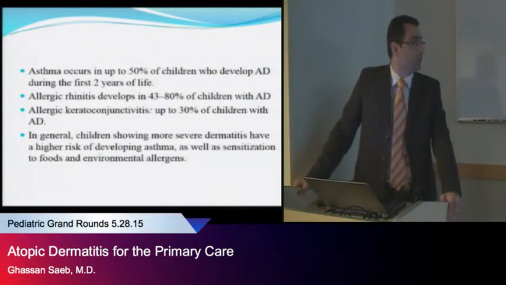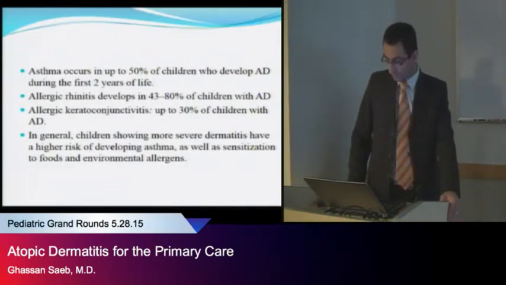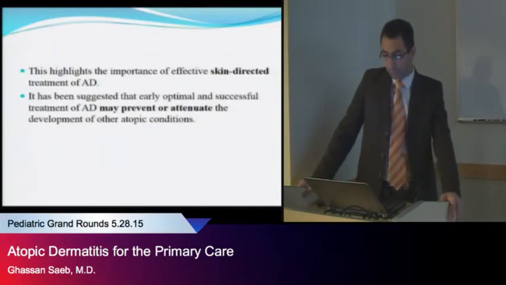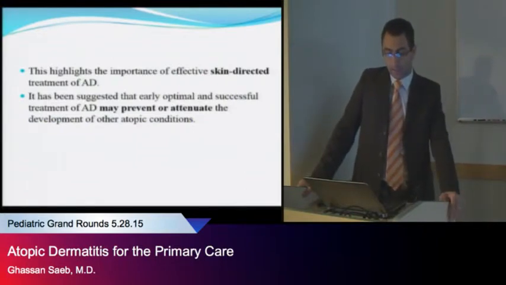In general, children showing more severe dermatitis have a higher risk of developing asthma, as well as sensitization to food and environmental allergens. This highlights the importance of effective skin-directed treatment of AD.